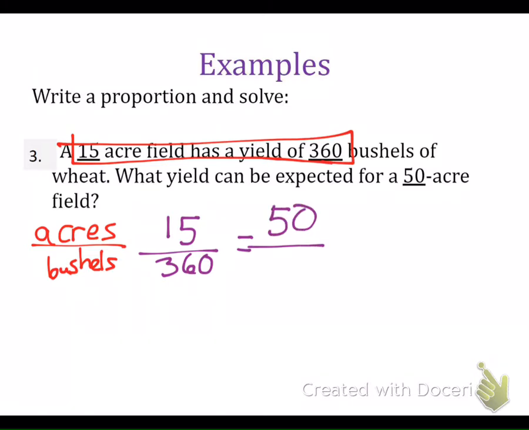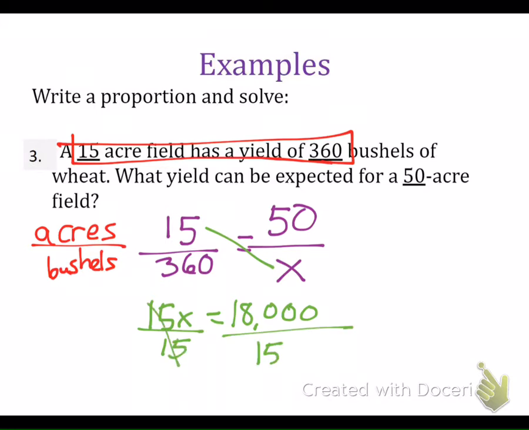And then we don't know how many bushels for 50 acres, so we're going to put an x down. Then we cross multiply. So 15x is equal to 18,000. Divide both sides by 15. X is equal to 1,200 bushels.